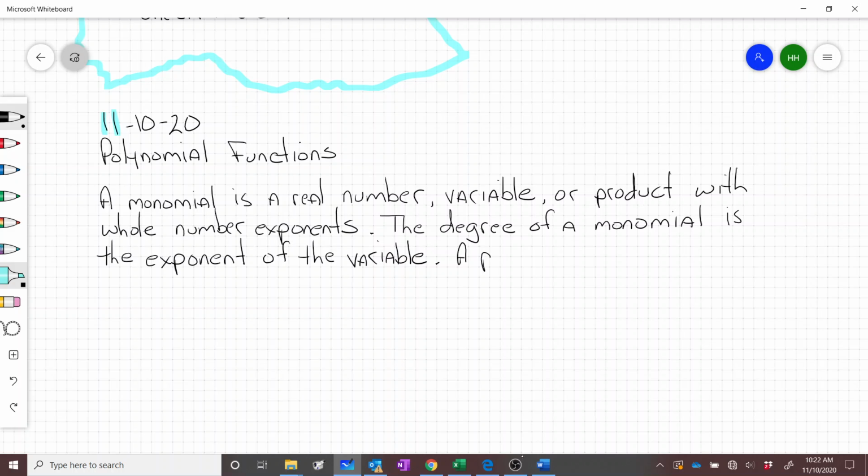A polynomial is a monomial or sum of monomials.